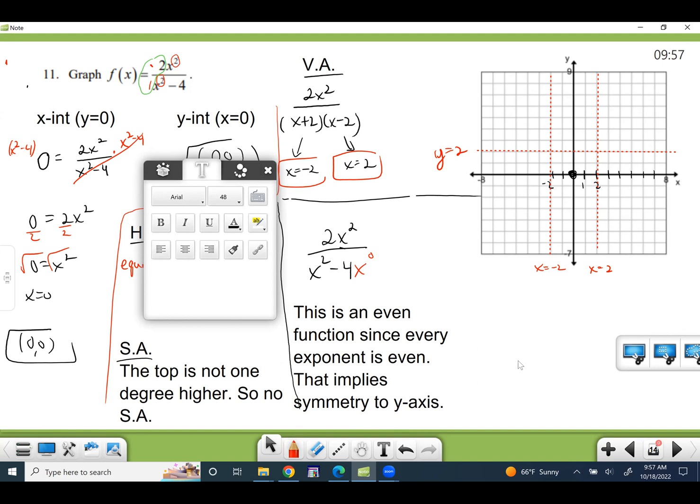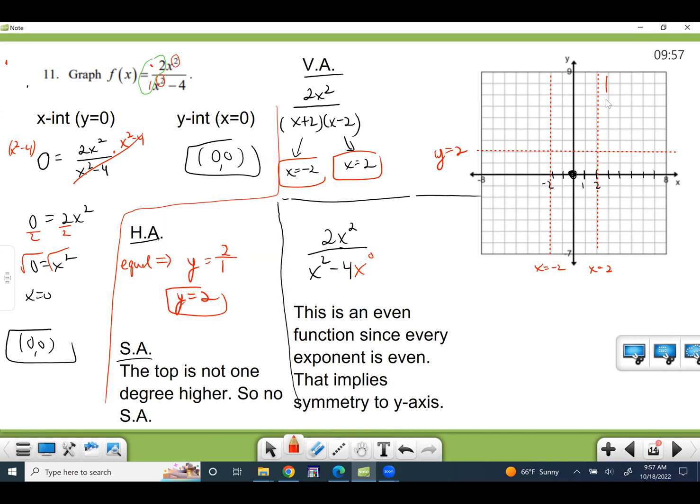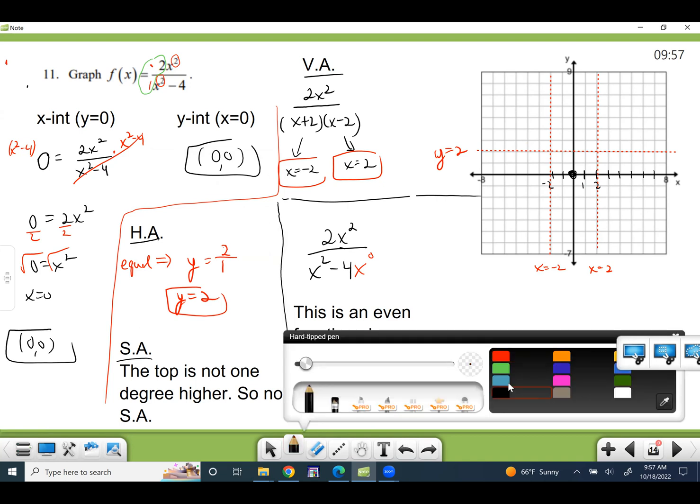So we can basically get away with doing one side and the other side will come as a freebie. So what I mean by that is, let's say you found out that the graph looks like this. Well, then you know the other side of the y-axis is a mirror image, so it'd have to look like that. Okay, so we can get away with just t-charting the one side, and that'll be good enough, okay?